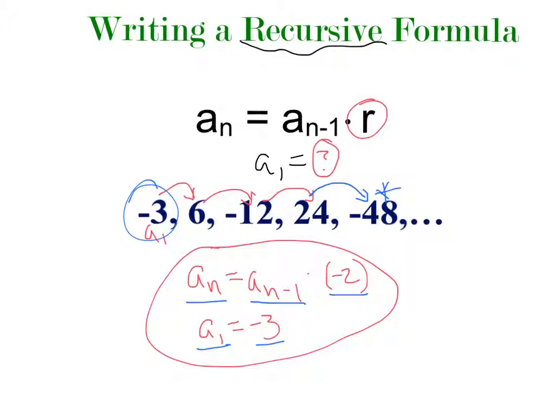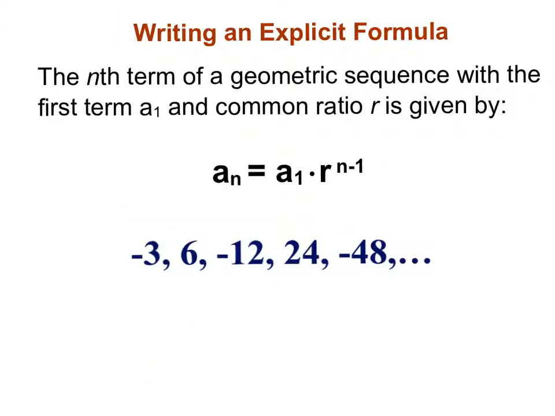The explicit formula is what we will use to find a term in the sequence. So here's the explicit formula for a geometric sequence. It's very similar to the arithmetic formula in that you have to plug in the first term and you have to plug in how it is changing. So we need to plug in A1 and R. My recommendation would be to put your R always in parentheses. It will probably help with sign errors.